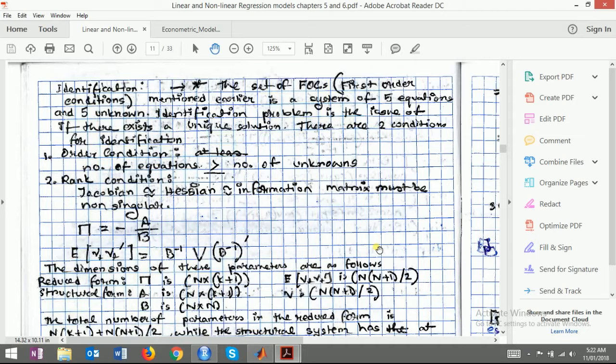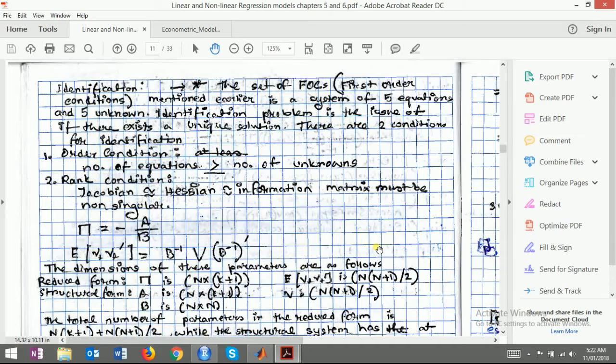Maximum parameters minus the reduced form parameters leaves you with n square only. More parameters in structural form, we need to reduce n square. So there are n square more parameters in structural form than reduced form.